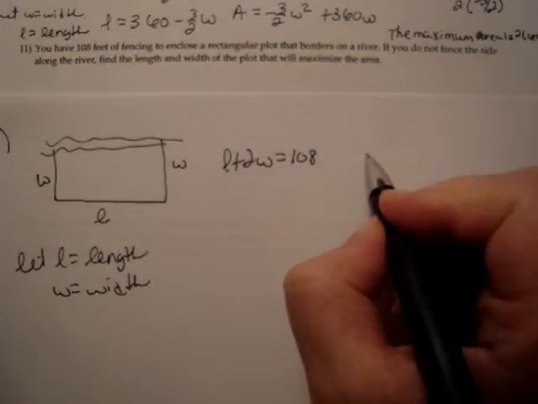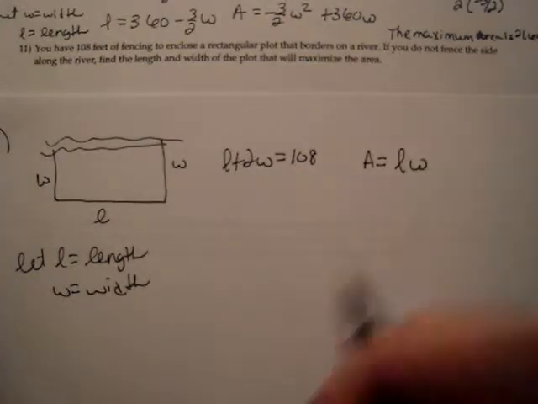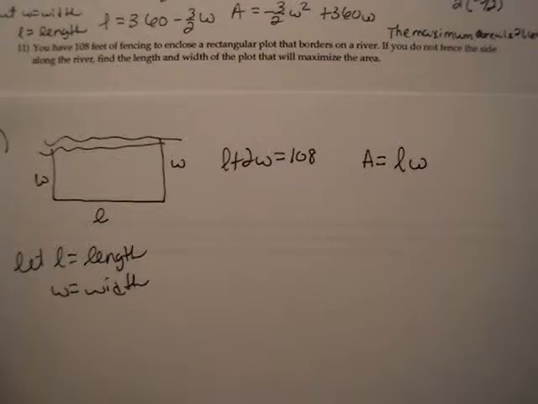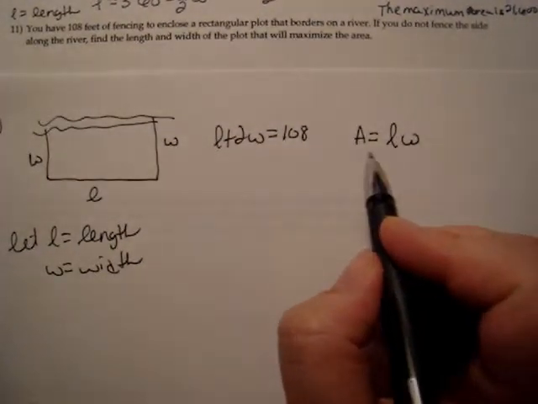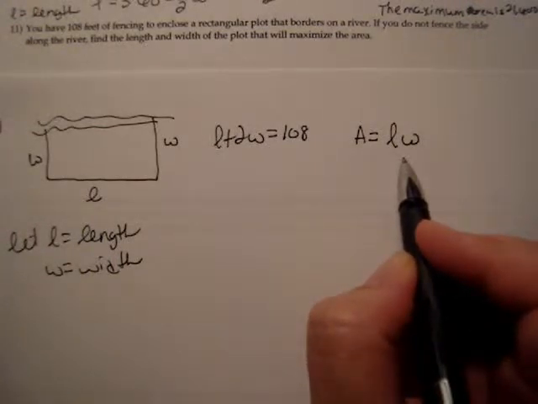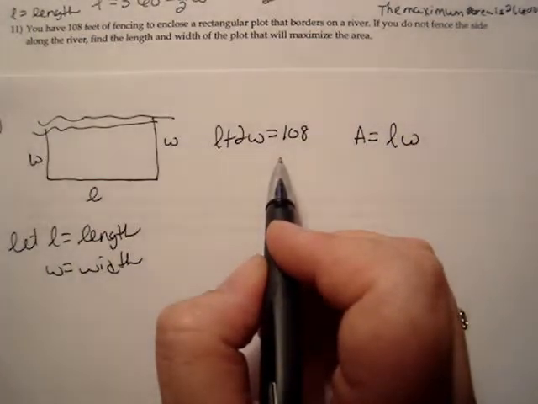Okay, the second equation I'm going to write is that I'm looking for a maximum area, and I know the area is length times width. Okay, now I'm going to substitute. I take the equation over here. Since area is what I want to maximize, I want to work with this, with the area. I can't have both length and width, so I use the fencing equation.